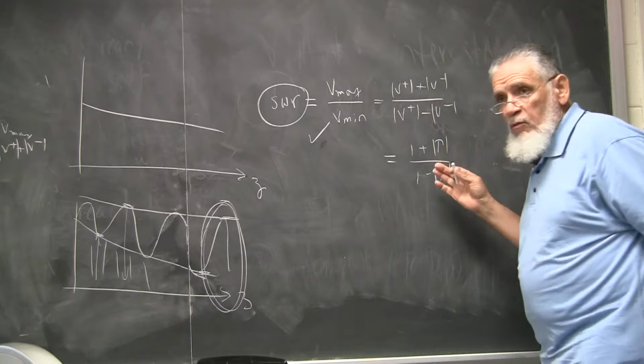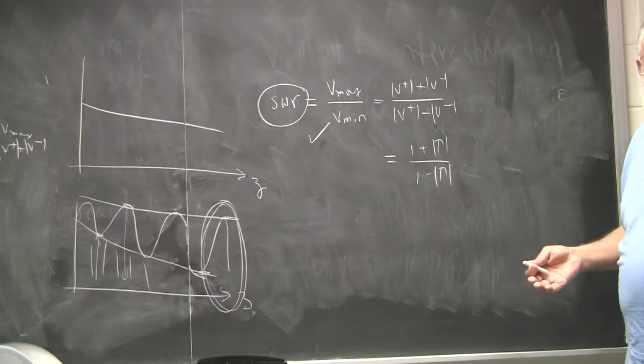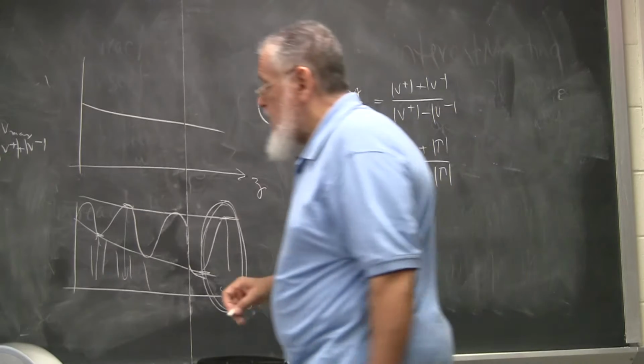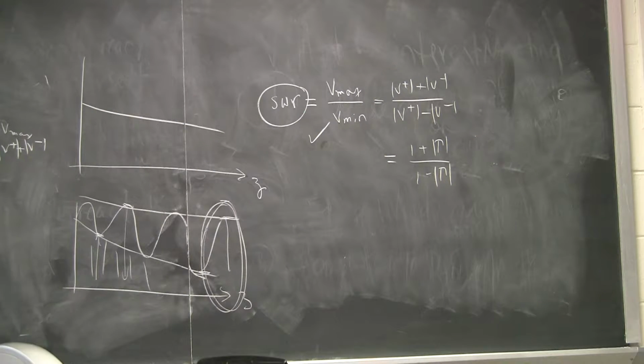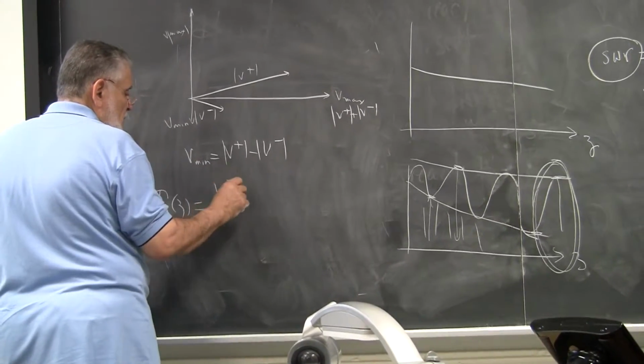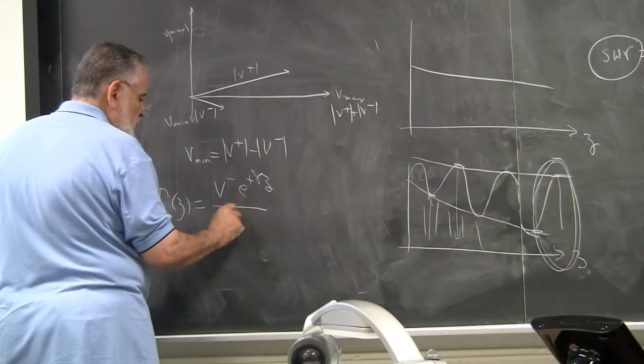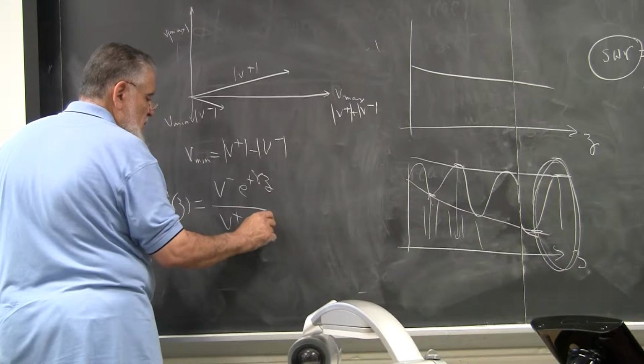It doesn't matter whether we are talking about gamma at 0 or gamma at L, because in a lossless situation, if you remember, let's write gamma. Gamma of z was equal to what? V minus e to the plus gamma z divided by V plus e to the minus gamma z.